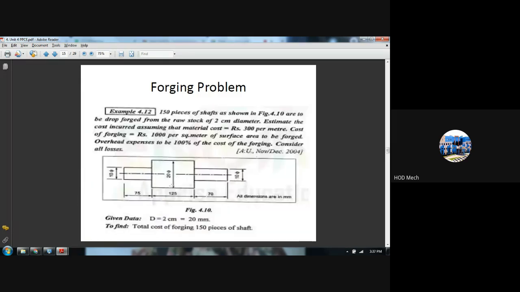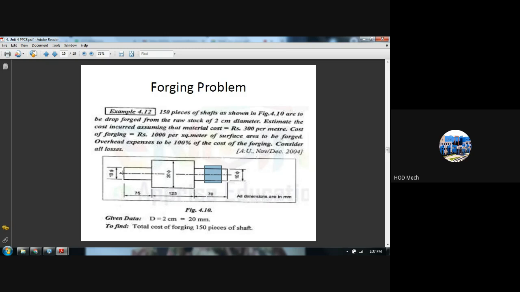Fine. Now these are the 3 portions. If I have to calculate net volume, net volume is equal to volume of section A plus volume of section B plus volume of section C. A and C are the same diameter-wise.